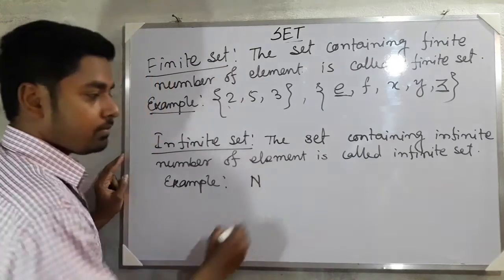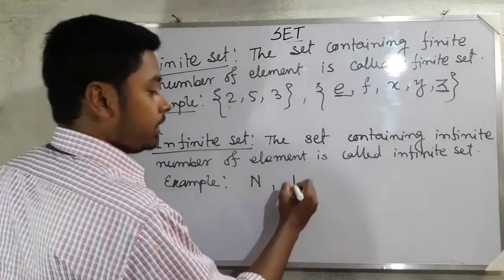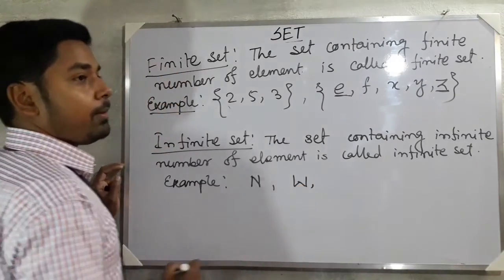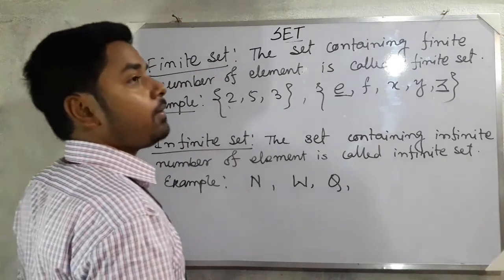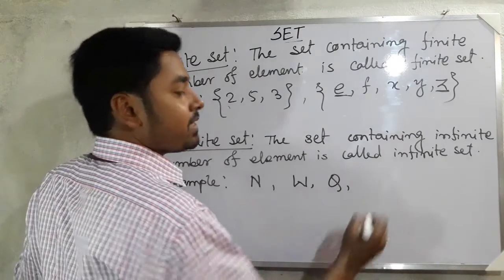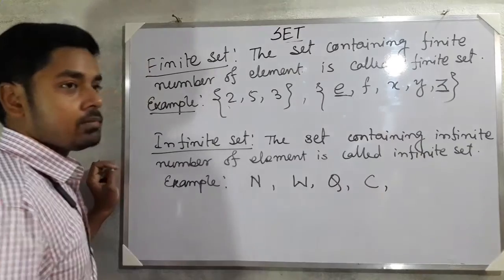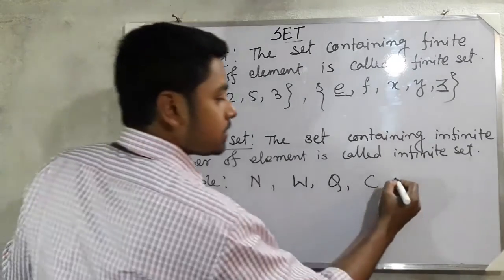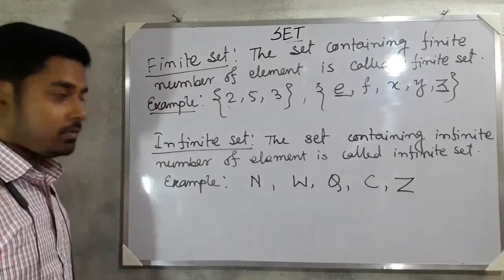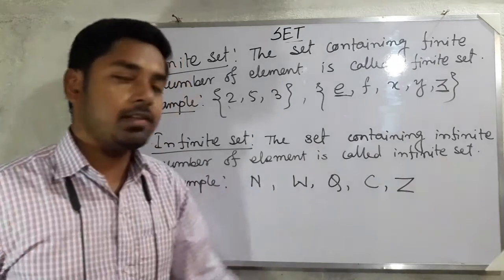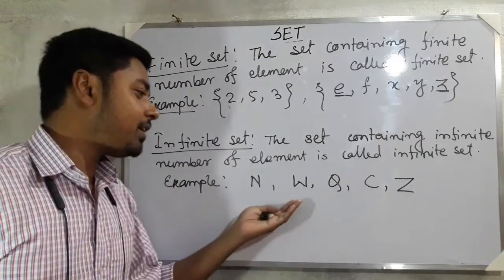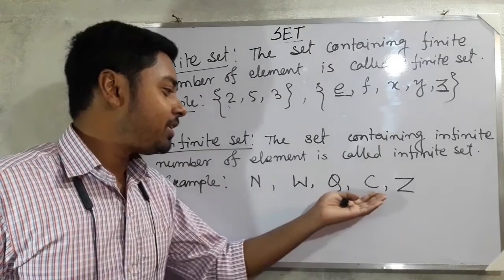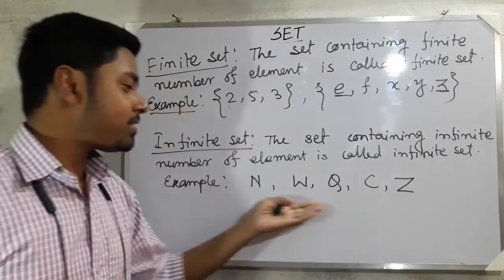N, W, then Q, then C, then Z. These are infinite sets. Now someone will say, sir, you have written N, W, Q, C, Z, what are these?